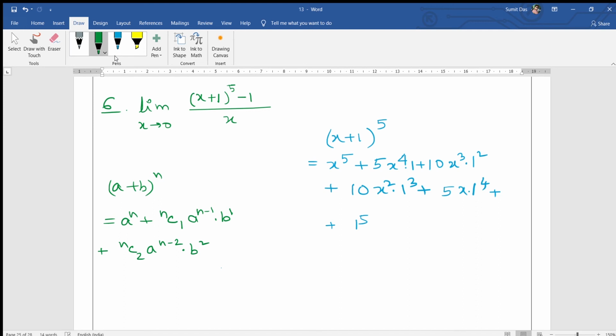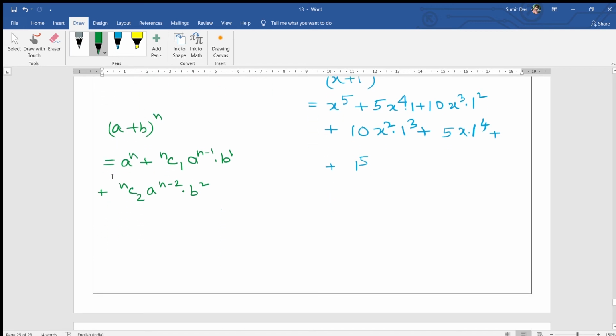Look, the total power is always n, it is constant. This is the binomial theorem. Understood? If you put n equal to 2, you will get the a plus b whole square formula.